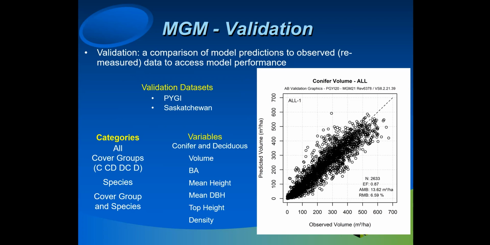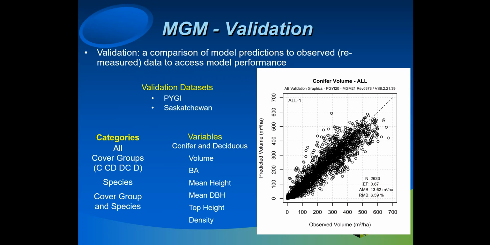Now, this was done for the PIGGY data set, and it was also done for the Saskatchewan data set. We did the categories. We did the broad cover groups, we did all the species individually, and then we did the cover groups by species.